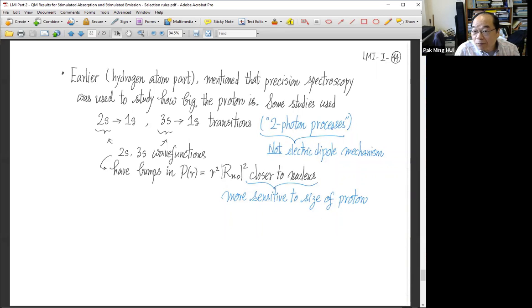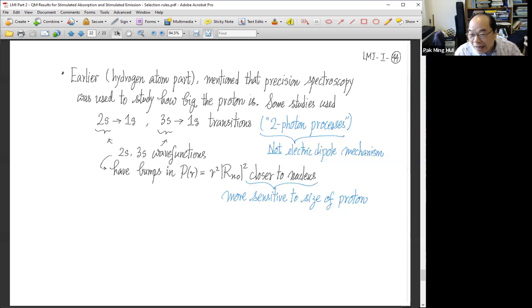Earlier, I showed you some references about probing how big the nucleus is, how big the proton is. If you go into those literature, you will see that they use highly precise spectroscopy to probe the size of the nucleus, since it will influence the transition.